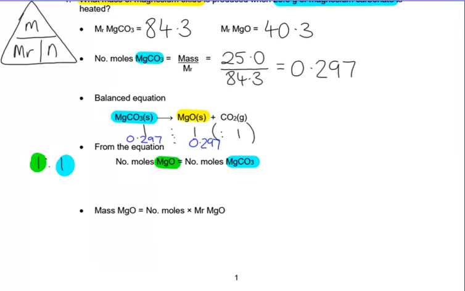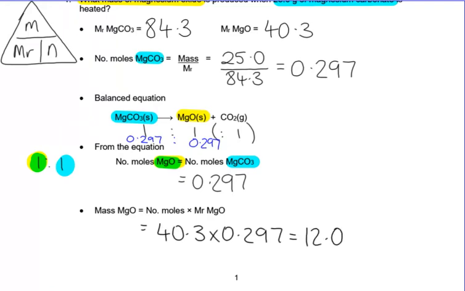It's 1 to 1. Sure, that one should have been in yellow, shouldn't it? And so it's 0.297 moles. And then I can finish off by doing mass is Mr times moles. I already worked out the MR as 40.3, so I can finish off my calculation to work out how many grams that would relate to. And that's coming out as 12 grams to 3 significant figures.